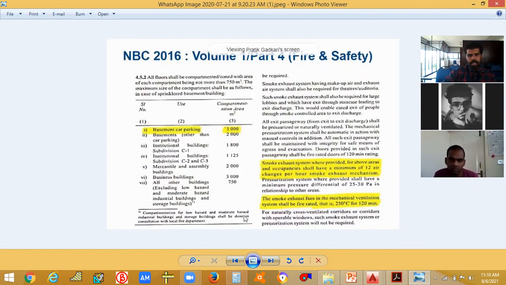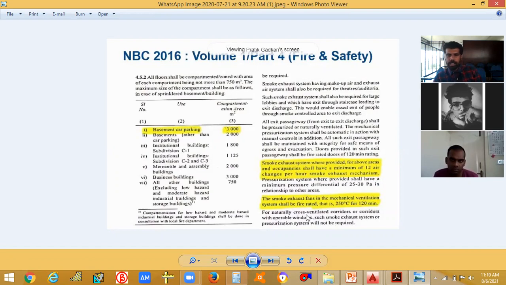Now, the other important thing is the smoke exhaust fans. When you are dealing with the basement car park, you should not give normal exhaust fans, which will burn easily if a fire or an accident occurs. So when you are selecting an exhaust fan, you have to look into this criteria also.